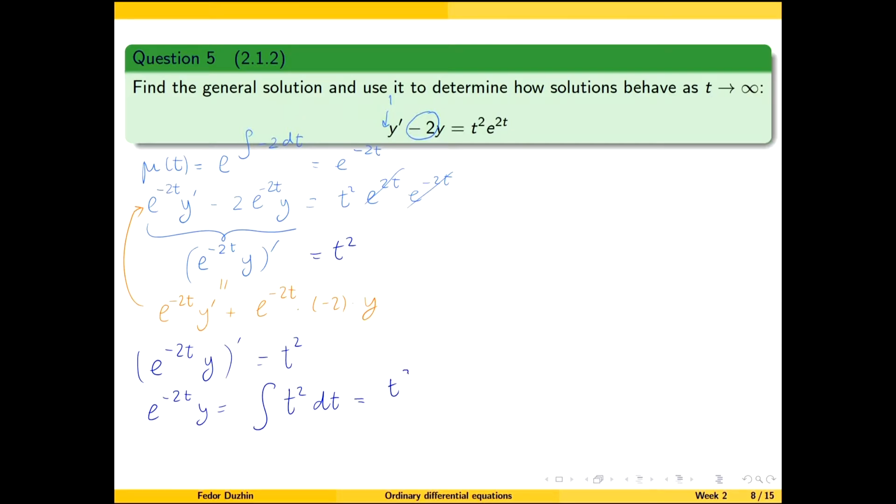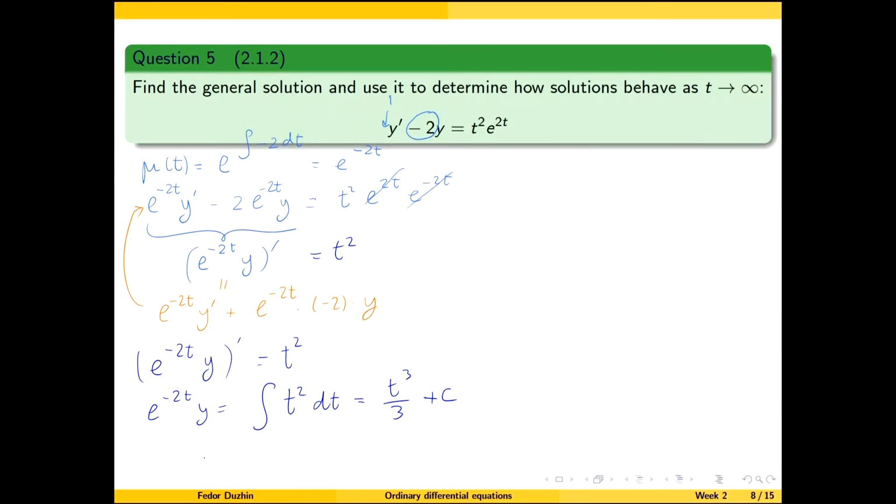This is t cubed over 3 plus some constant. By the way, when we are doing linear differential equations, it doesn't matter if we have an initial condition. It doesn't matter whether we figure out the general solution first and then solve for c, or vice versa, because here it is very simple.